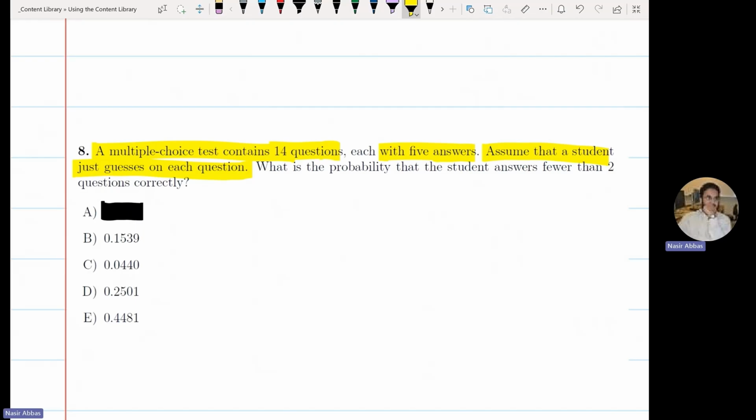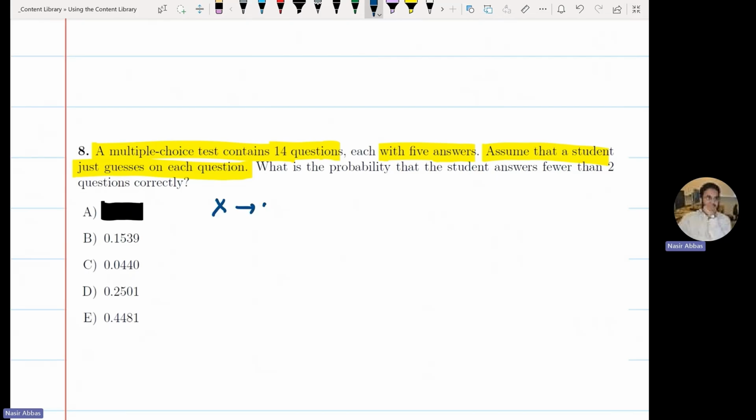Your answer will be either correct or incorrect, either success or failure. What is the probability of success? 1/5. What is the probability of failure? 4/5. How many times are you repeating the experiment? 14 times.